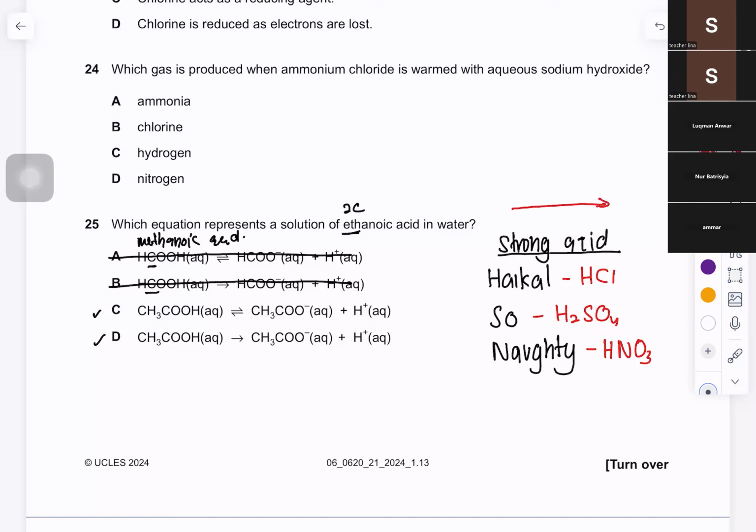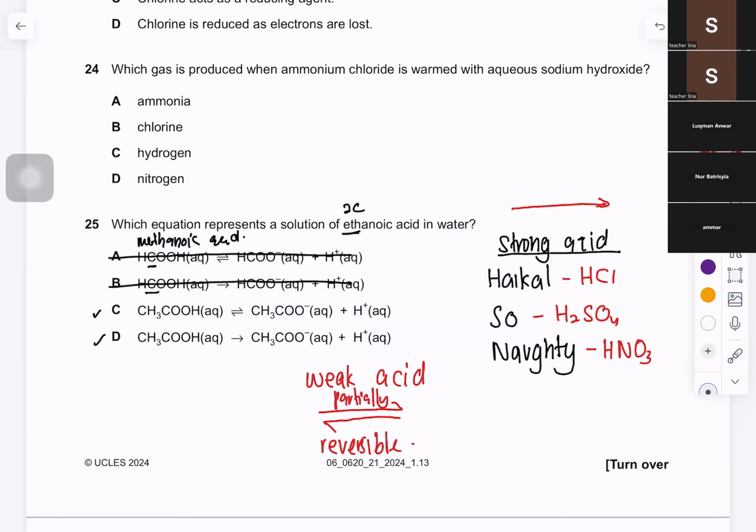A strong acid has one arrow because it is fully ionized, fully dissociates. A weak acid has a double arrow, so it will be reversible. It partially dissociates.